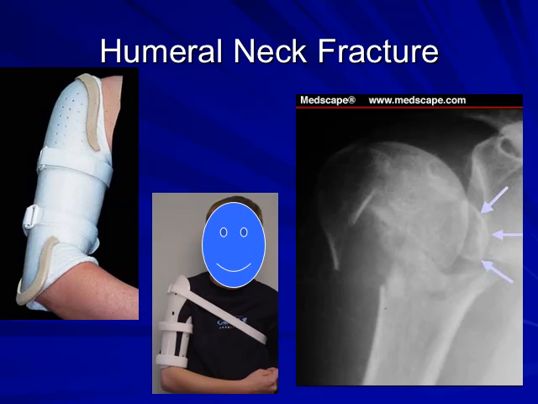So you may think joint pathology, but they tend to have local tenderness in the axilla on the proximal humerus, yet they allow you to move the arm passively because you have the capsule sort of holding things together to a certain extent. So they generally put them in some sort of sling or orthosis.